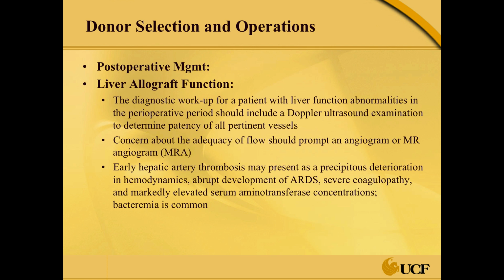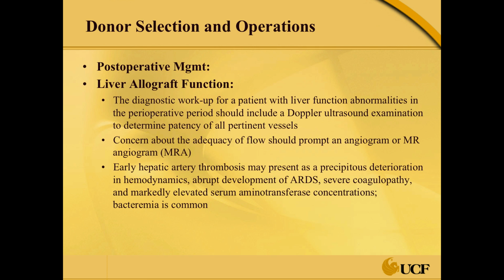The diagnostic workup for a patient with liver function abnormalities in the perioperative period is going to include a Doppler ultrasound, all right? The real purpose of doing that liver ultrasound is to make sure that all the vessels that have been anastomosed during the procedure are in fact patent and that flow through those is good, right?